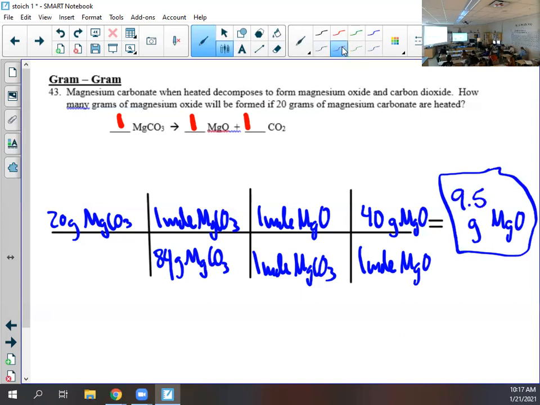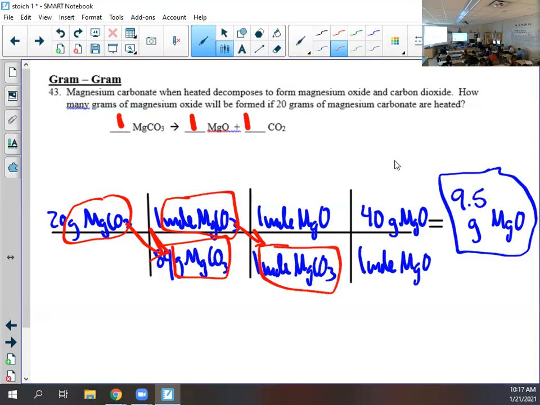In case you didn't get to raise your hand, I took my given, which was grams. I brought them down. Grams are always per 1 mole of the same thing. So that matches. Then I would have gotten stuck, so I would work backwards.